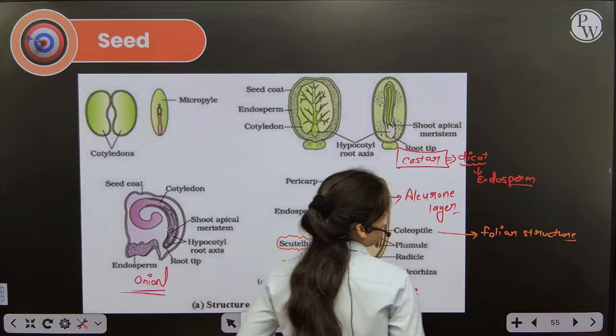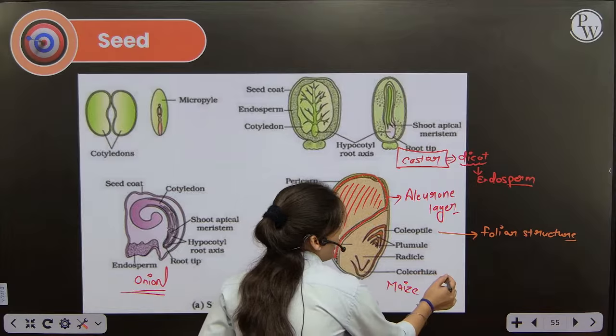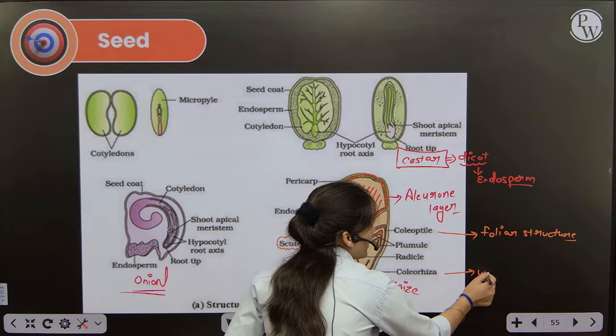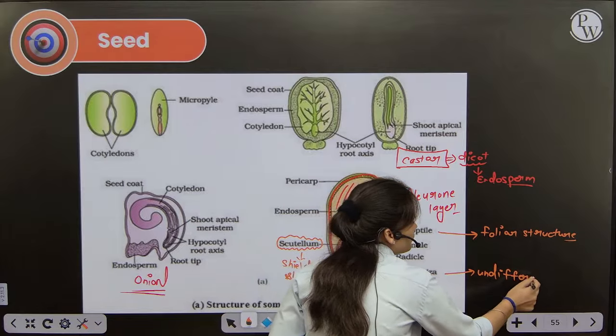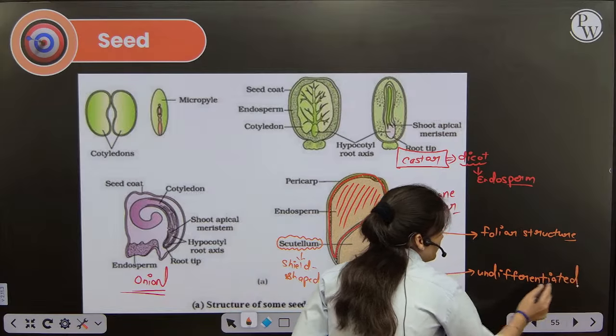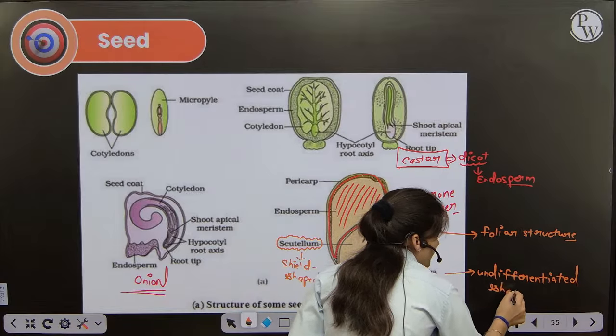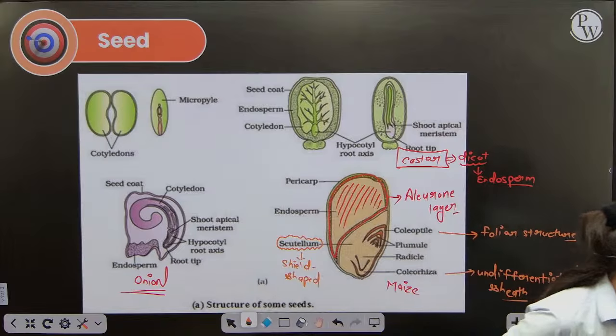It has leaf primordia. The plumule helps in shoot formation, and the undifferentiated sheath around the radicle is the coleorhiza. This is about the seeds of some plants.